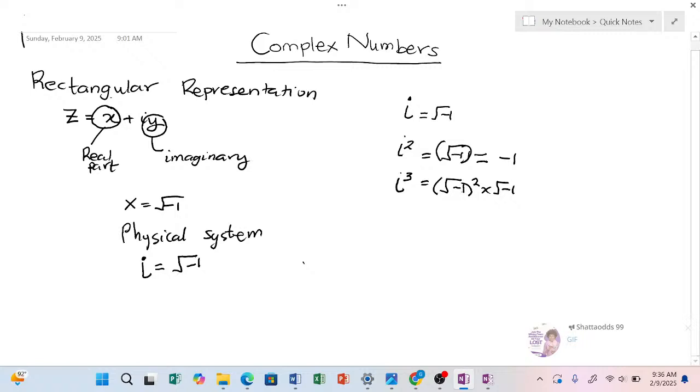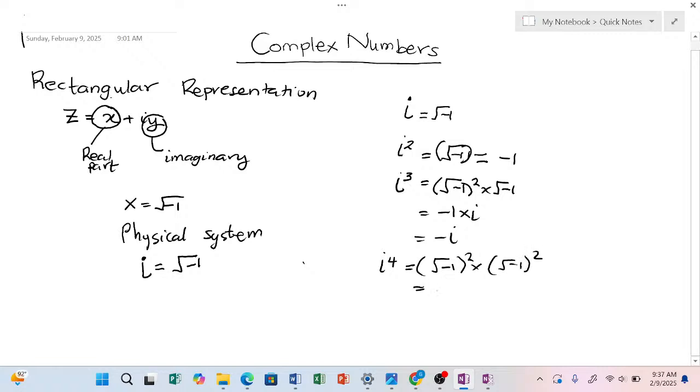Now we know that square root of -1 squared is going to give us -1, and square root of -1 is what? i. So this is negative i. If I also have i to the power 4, which is square root of negative 1 all squared times square root of negative 1 all squared, this is going to give me negative 1 times negative 1, and that is going to give us 1. So let's keep this in mind.